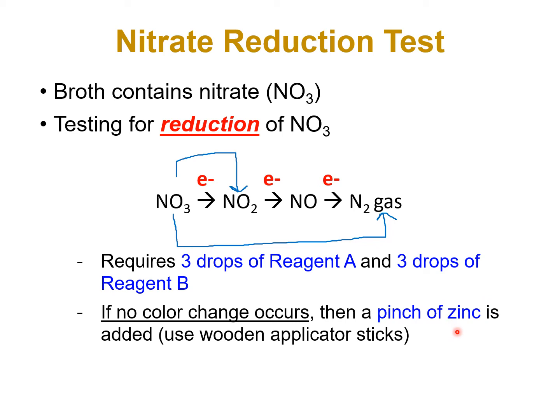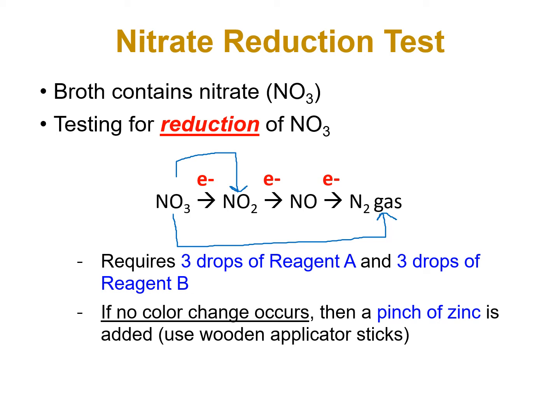Do be careful when you're handling powder zinc, because powder zinc is hazardous, okay? So you have to be very careful when you are handling powdered zinc. And you can use a wooden applicator, take some zinc and sprinkle it in your broth and then see what would happen, okay?